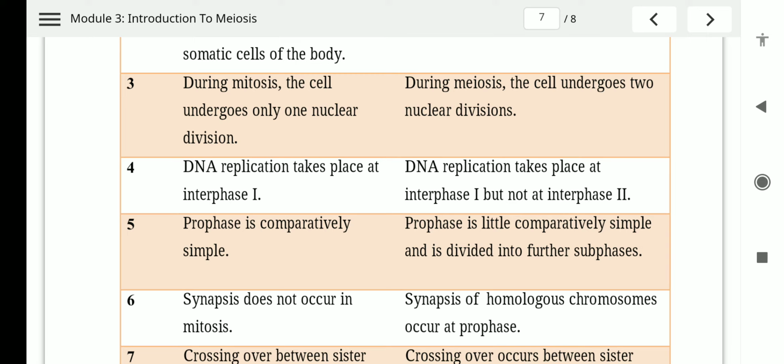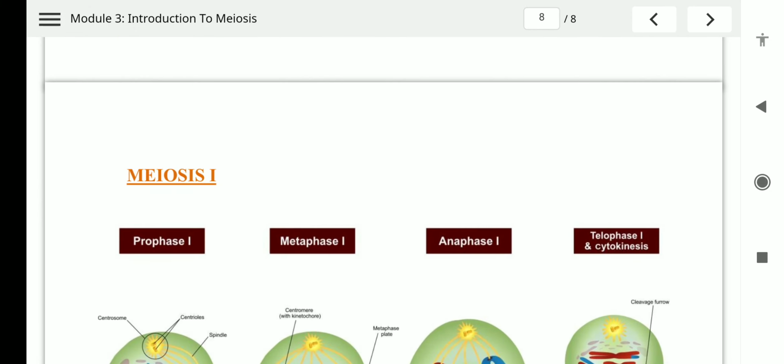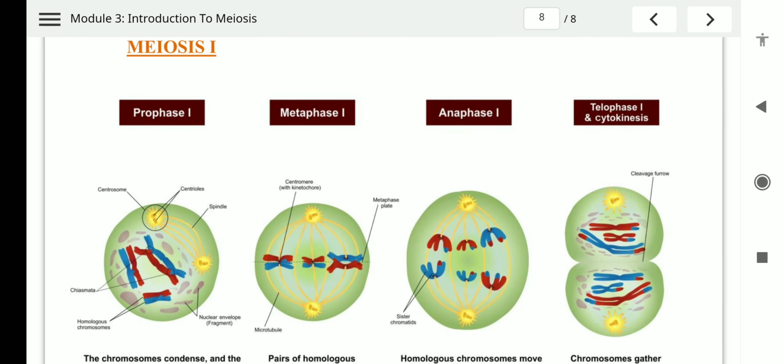Prophase is comparatively simple in mitosis, whereas prophase 1 in meiosis is subdivided into leptotene, zygotene, pachytene, diplotene and diakinesis. Synapsis does not occur in mitosis, but synapsis, which means pairing of homologous chromosomes, occurs in meiosis. So, crossing over takes place in meiosis, but this process does not occur in mitosis cell division.